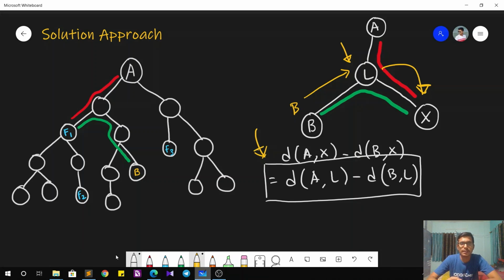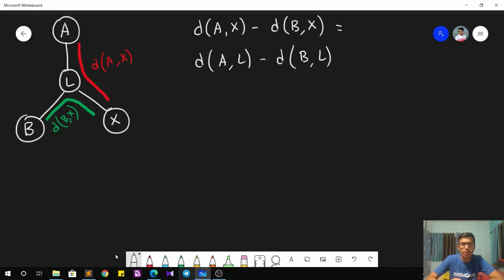Let's see how to choose the most optimal L. If we want to maximize this value, it means that dA,L should be as big as possible and dB,L should be as small as possible. So this means that L should be very close to B, or in other words, L should be the lowest ancestor of B, that is as close as possible to B. So we can now define L. What is L?